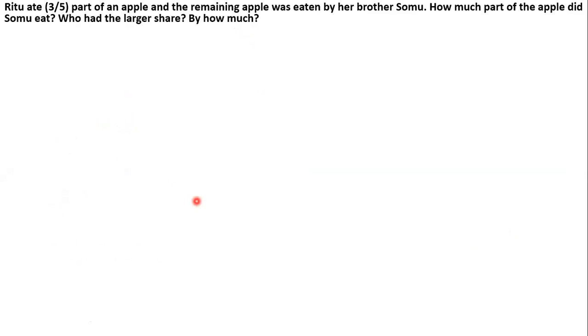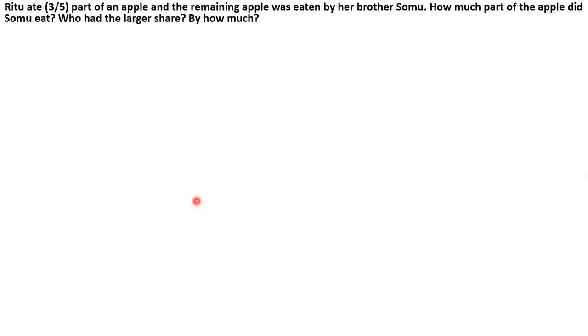Okay. Next question we have, children, and I would like you all to solve this. I hope you're having your notebooks with you. Okay. The question is, Ritu ate 3 by 5 part of an apple. Write down the question, children.